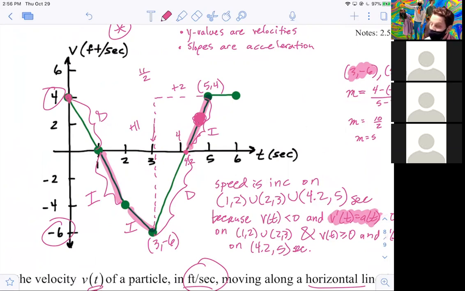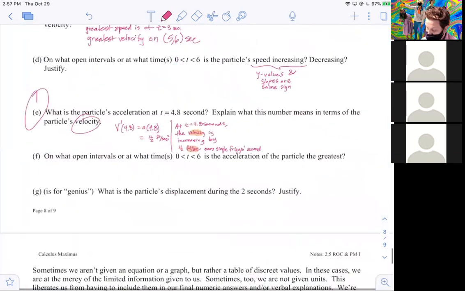Acceleration is a vector. What do you call the magnitude of acceleration? There's not a name for it. So if it just says greatest acceleration, we don't even have to consider negative slopes if we have a positive slope, do we? It looks like there's only one section where there's a positive slope, and that's from 3 to 5. So it would be on 3 to 5.